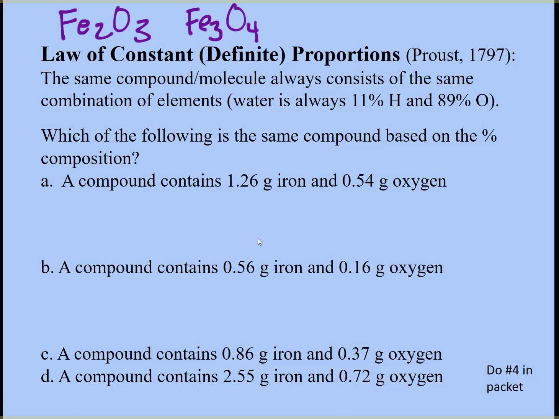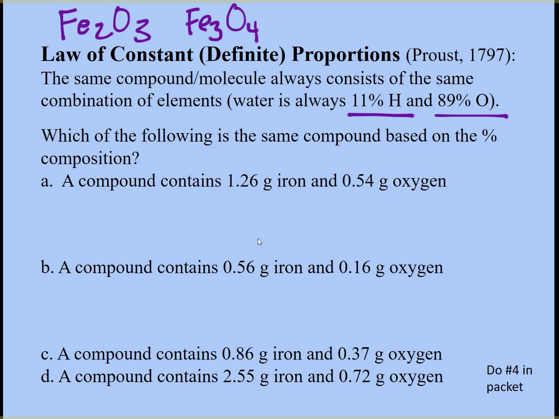And you don't need to know names, you don't need to know dates. But he was wondering if you took water from a glacier or water from a lake, would it be the same substance? Would it be the same molecule in this case? And he was able to determine that water, no matter where you get it from, is always this ratio. 11% hydrogen and 89% oxygen.